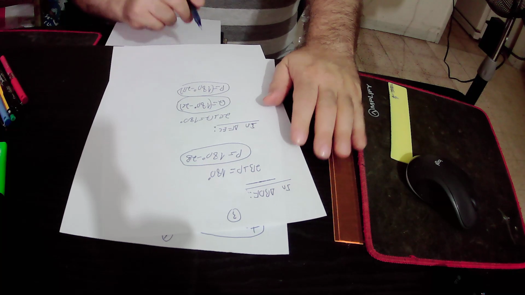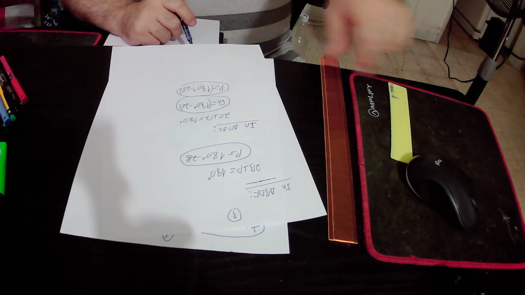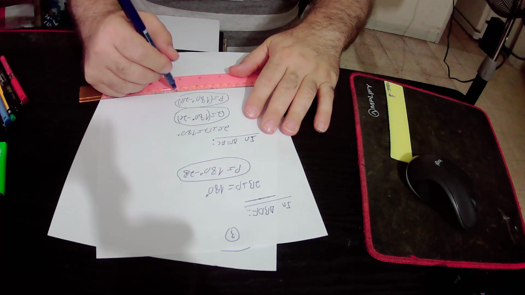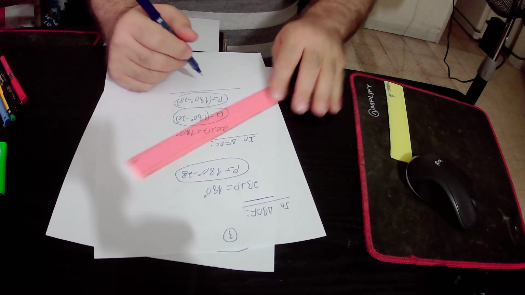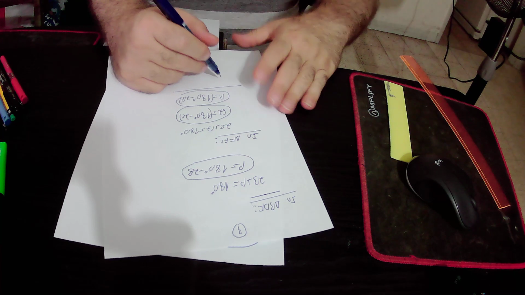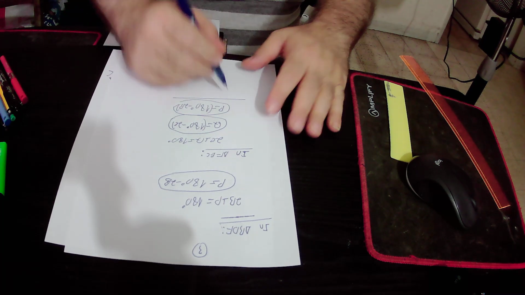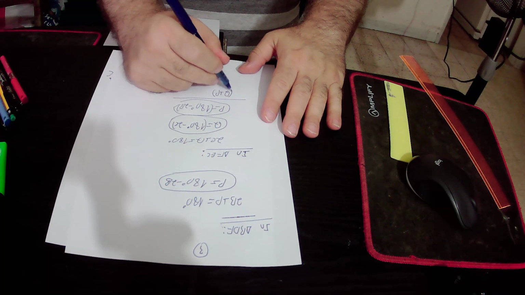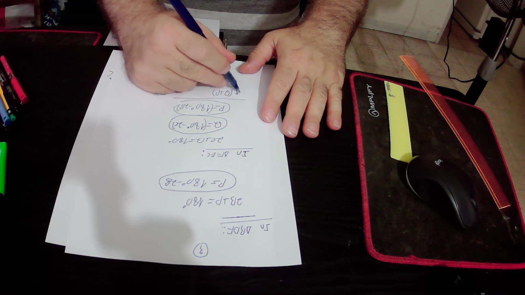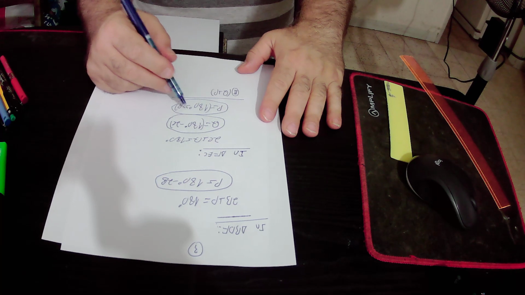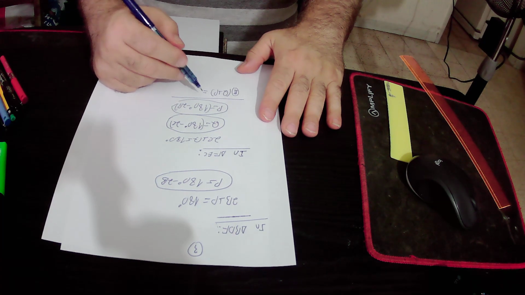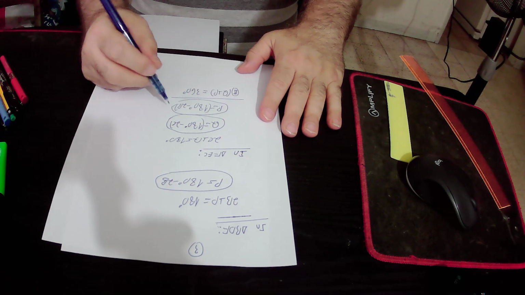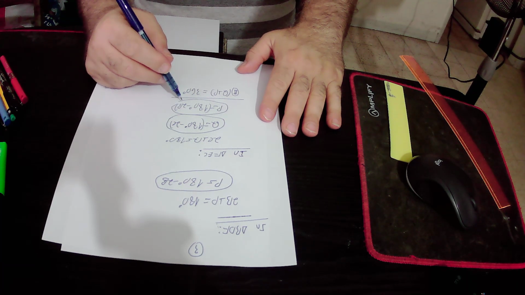So here we will add Q to P. So Q plus P will be equal to 180 degrees plus 180 degrees, which is 360 degrees, minus 2B minus 2C.